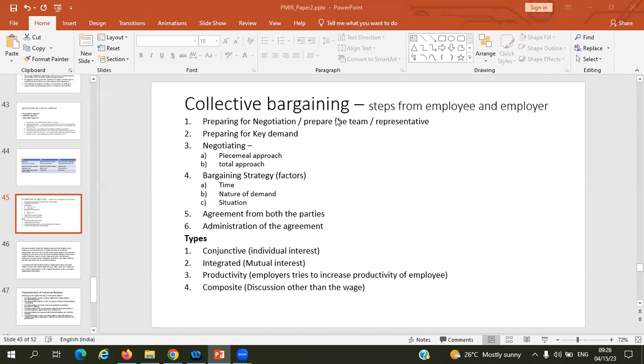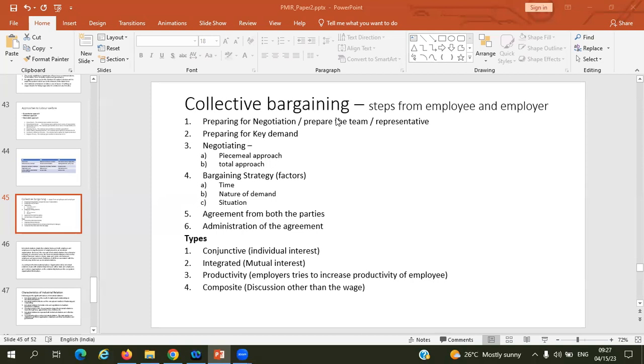And the same thing happens on the owner's side. The owner is not thinking whether the employees are facing a problem, that they need a canteen. The owner is only thinking that I have to spend this, I have to run a canteen. So they're not thinking from the other side of the problem.